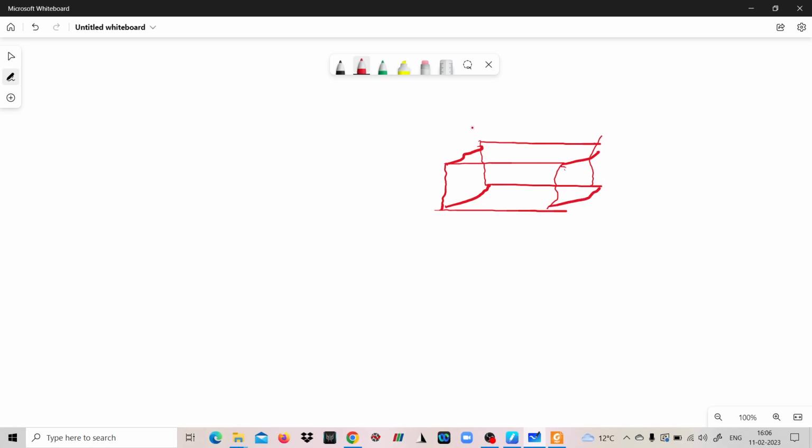So this is the fluid element. Say this is our Cartesian coordinate system. Say this is our x direction, then this is our y direction, and this is our z direction.